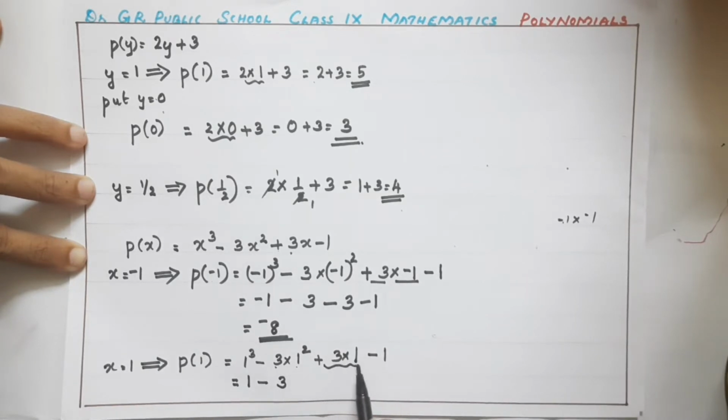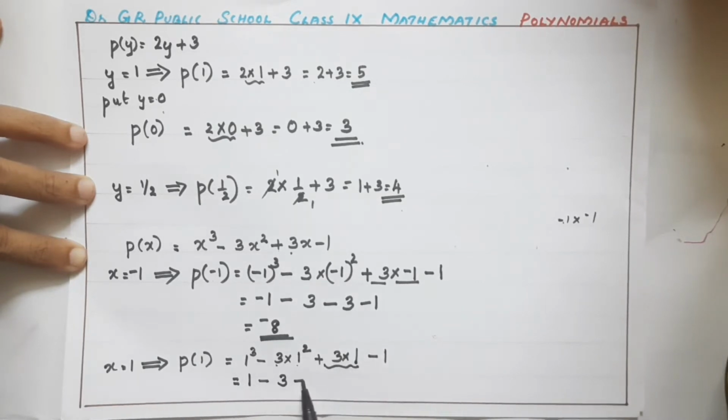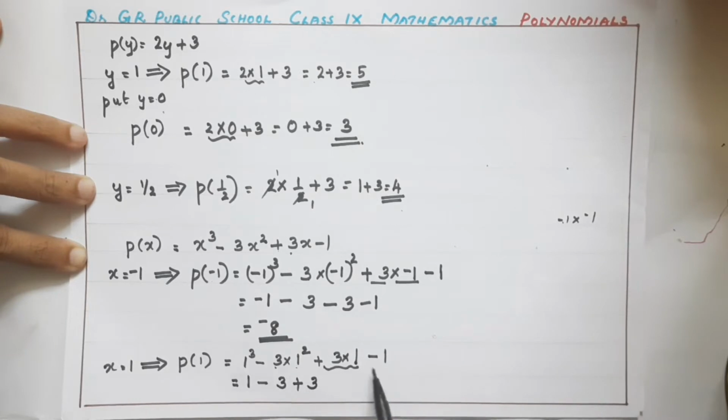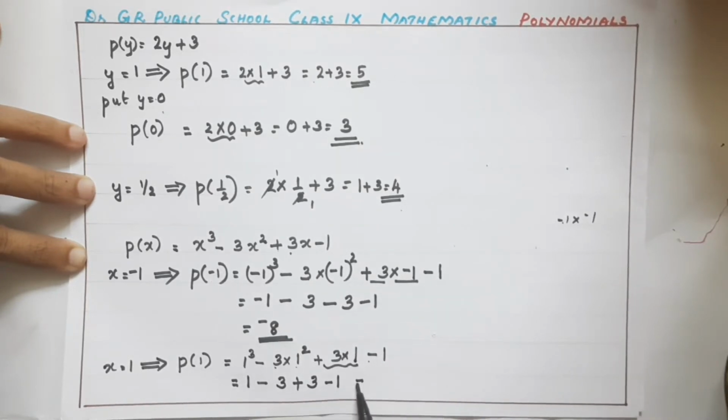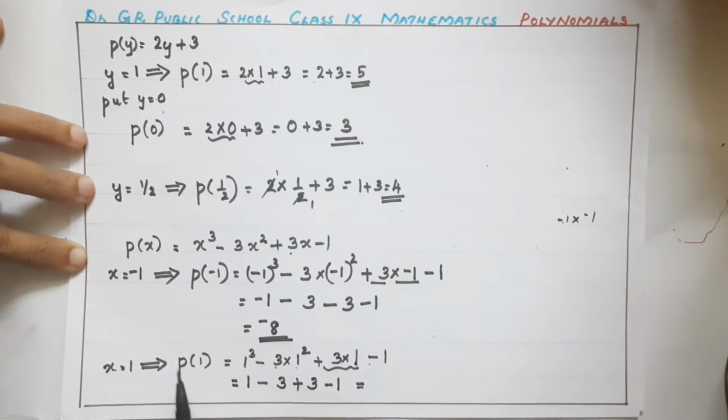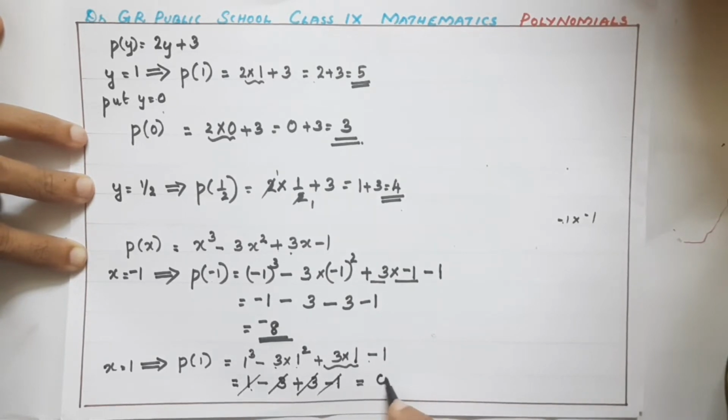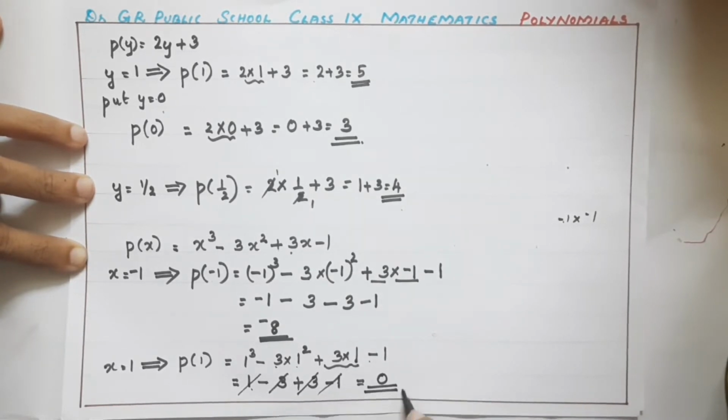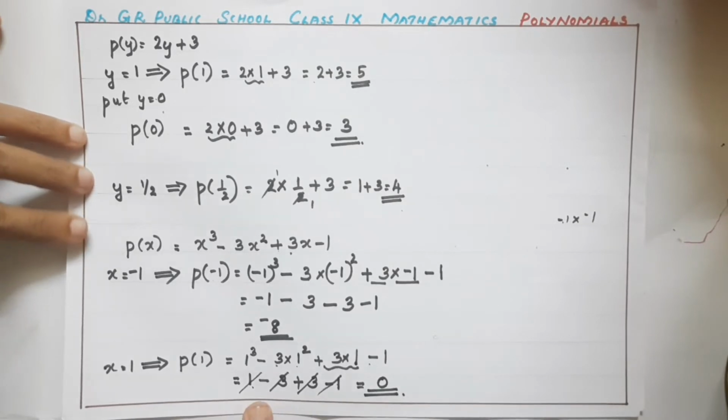Then here plus 3 into 1, plus 3. Then what we have? Minus 1. So what will you get as the value of the polynomial? So 1 minus 1, 0, positive 1 and negative 1, 0. Then minus 3 plus 3 also 0. So what is the final answer? We are getting 0. Okay children.